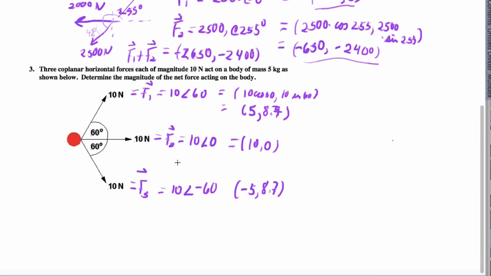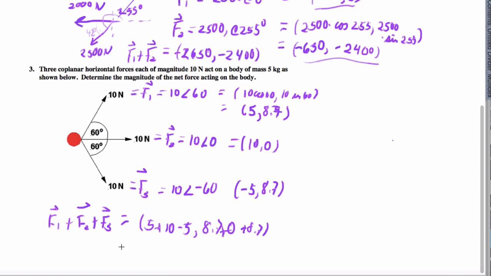So let's combine all our vectors. F1 plus F2 plus F3 is going to end up being 5 plus 10 minus 5, 8.7, 0, plus 0 plus 8.7. So this is going to give me 10, 17.4 for now.